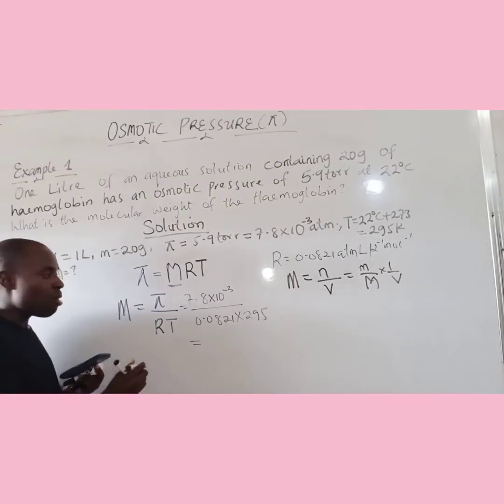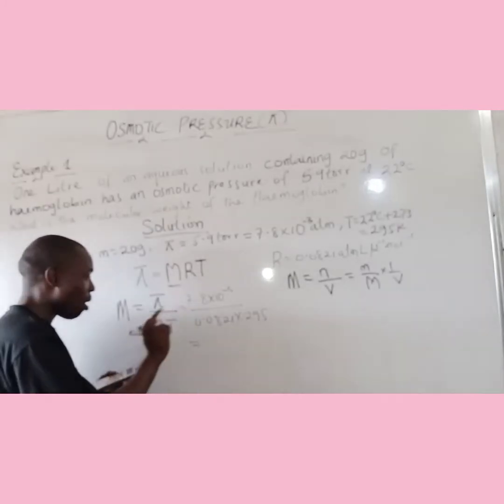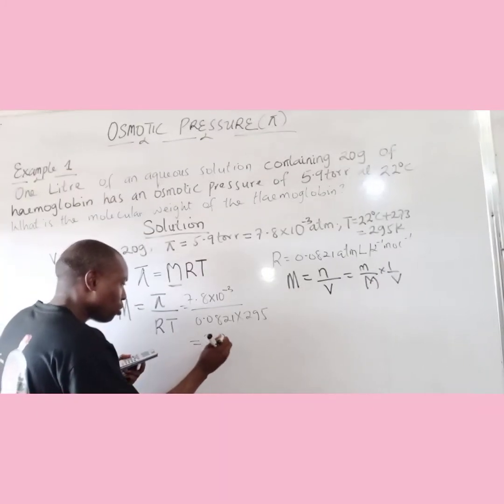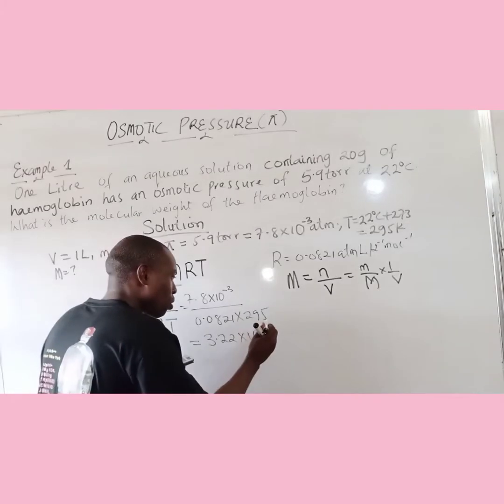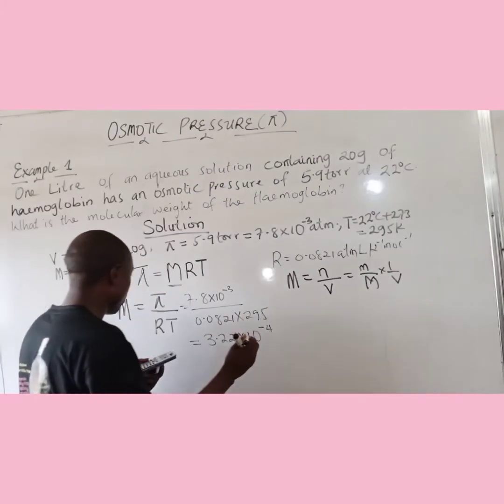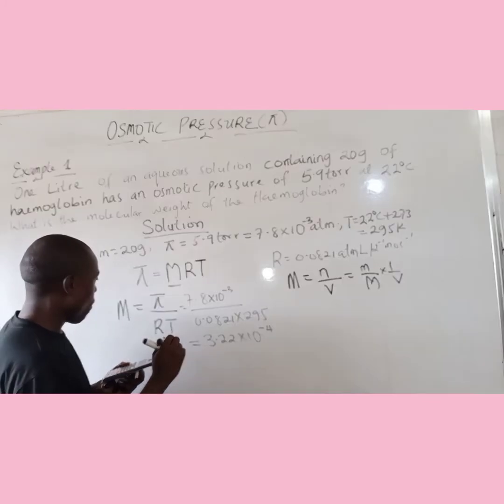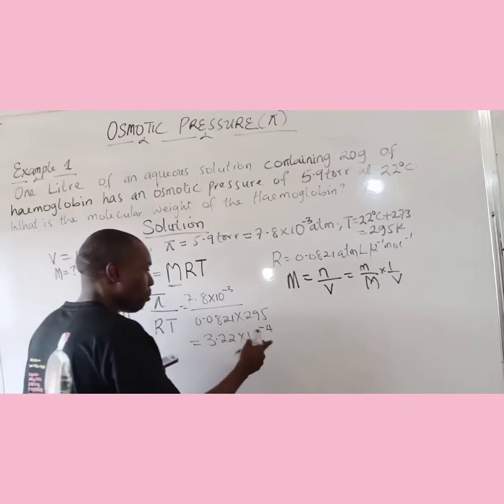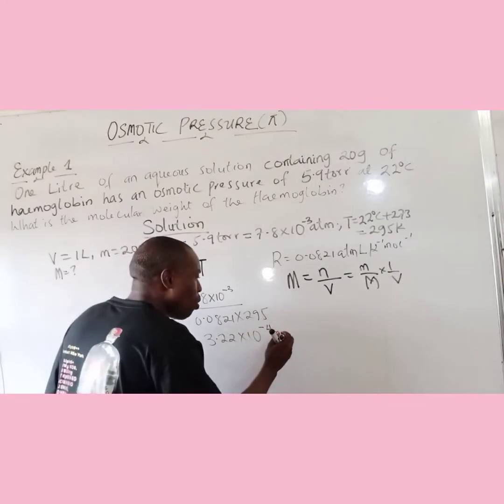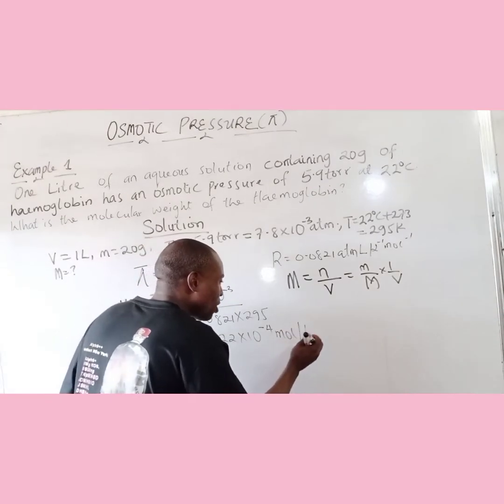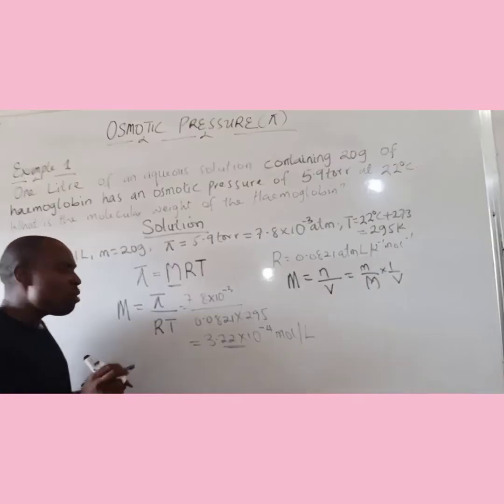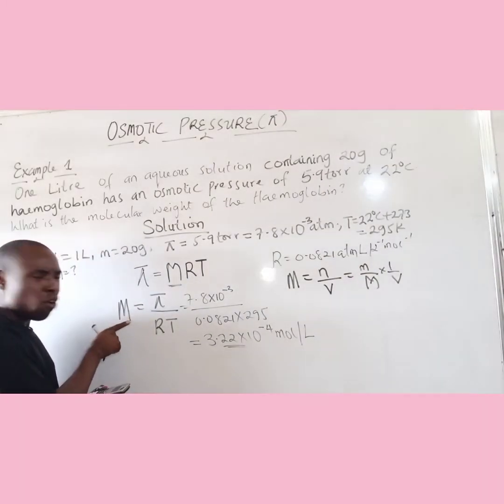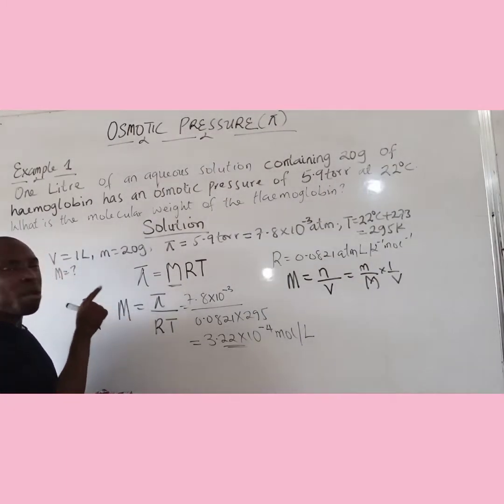When we multiply, we have our answer here to be 3.22 times 10 raised to power minus 4 mole per liter. Now, but I am not looking for my molar concentration, rather I'm looking for my molar mass.